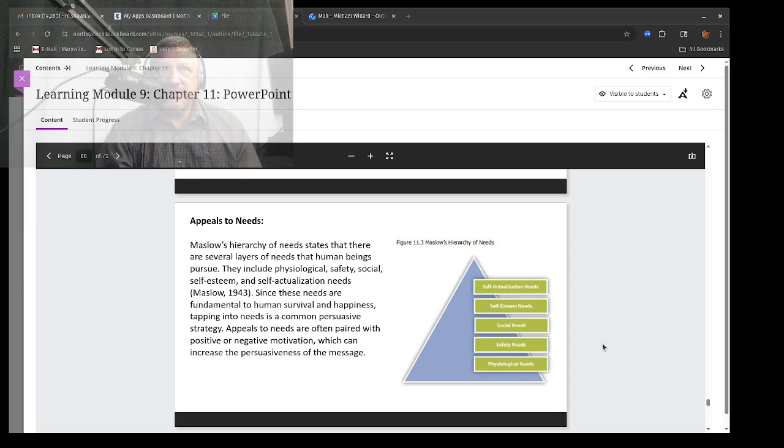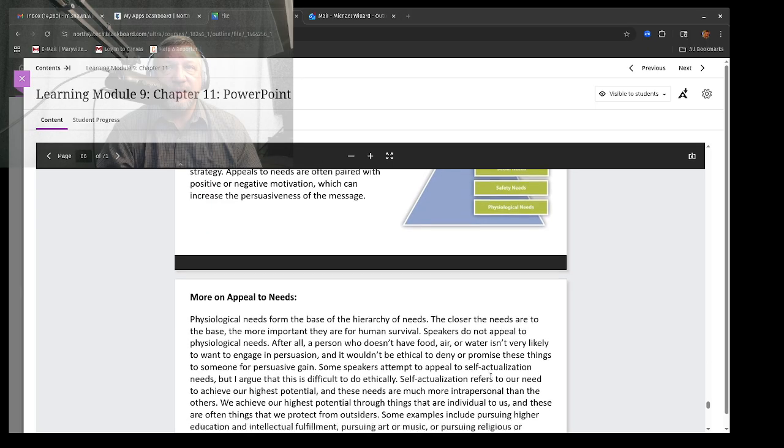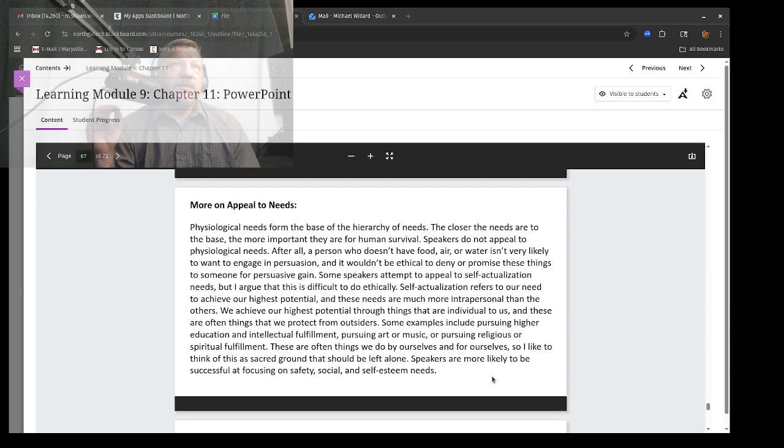Since the needs are fundamental to human survival and happiness, tapping into needs is a common persuasive strategy. Appeals to needs are often paired with positive or negative motivation, which can increase the persuasive message. Psychological needs form the basis of a hierarchy of needs. The closer the needs are to the base, the more important they are to human survival.